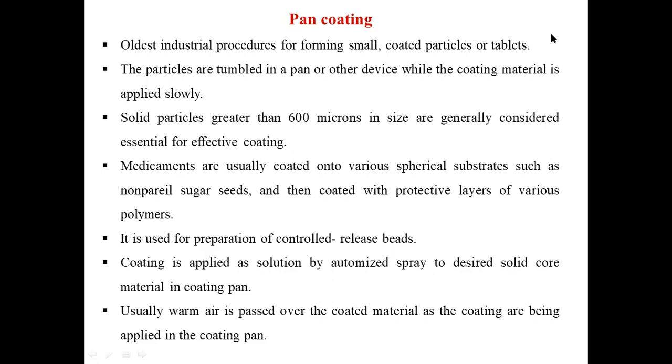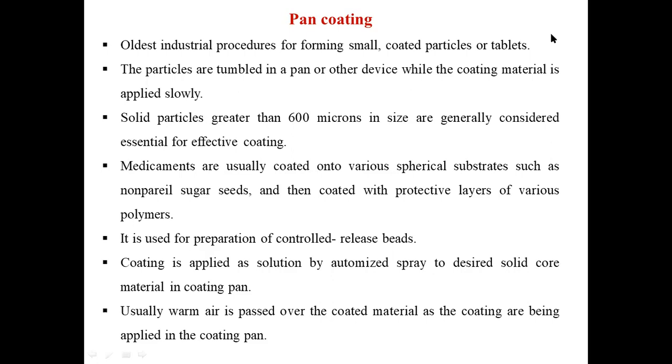Heated air is directed into the pan and onto the tablet bed surface, and it is exhausted by means of ducts which come out from the front of the pan. Here the coating solution is applied to the tablets by spraying the materials on a rotating tablet bed. It is a simple method that we use for tablet coating purposes.